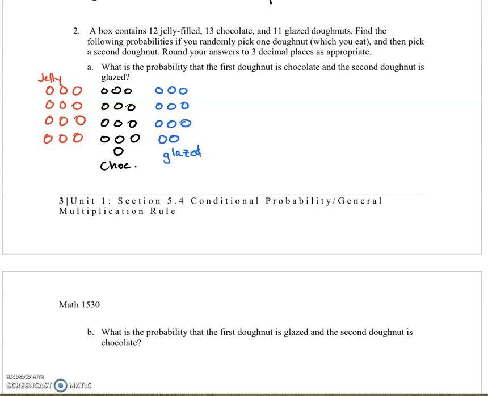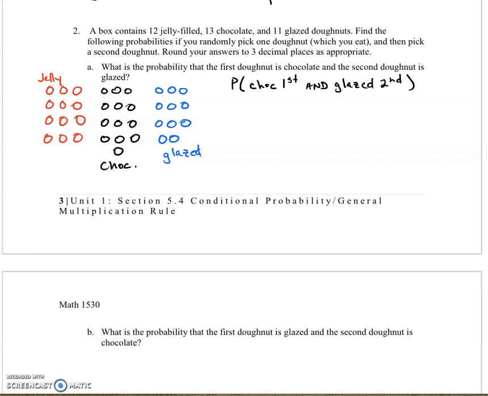We want the probability that the first donut is chocolate and the second donut is glazed. So that's the probability of chocolate first and glazed second.